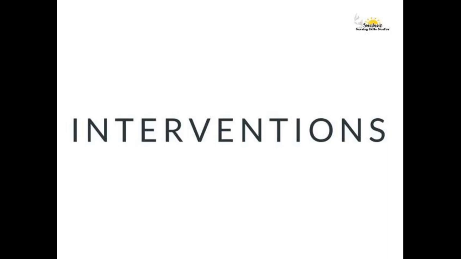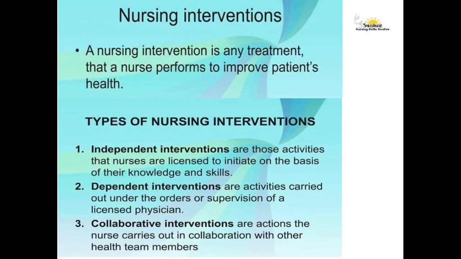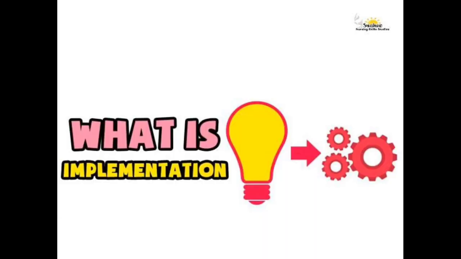The next step under nursing process is intervention. Here the nurse completely focuses on treating the patient. She may take the decision independently, she may take the decision depending on the doctor's advice or with a collaborative team. The next step under nursing process is implementation. So implementation is nothing but putting our plans into action.